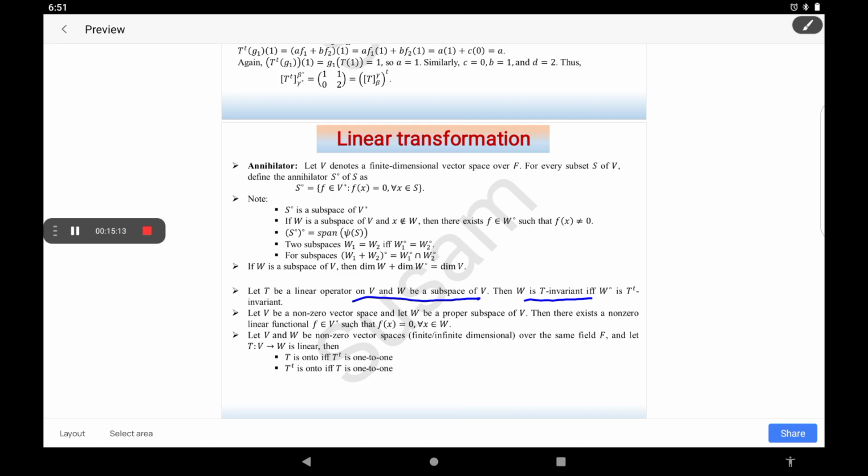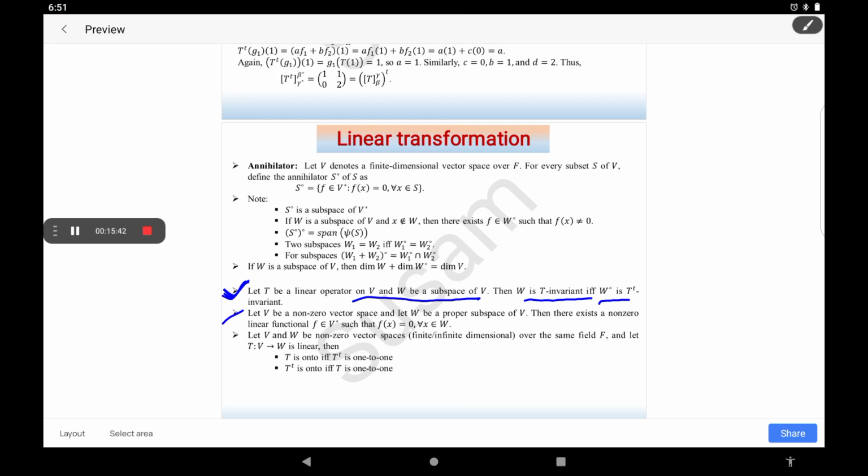Then W is T invariant if and only if W annihilator is T transpose invariant. This is a very important property. T is a linear operator on V and W is a subspace of V. Then W is T invariant if and only if W naught is T transpose invariant.